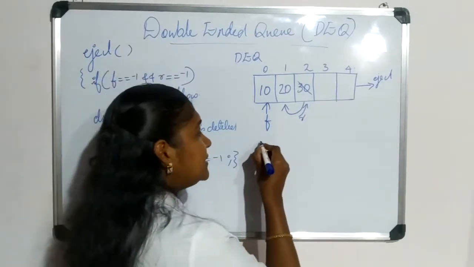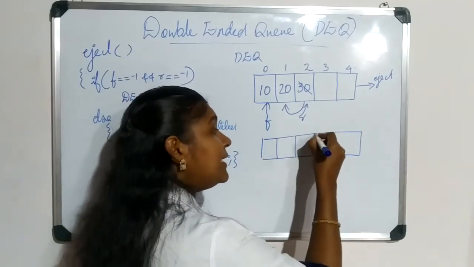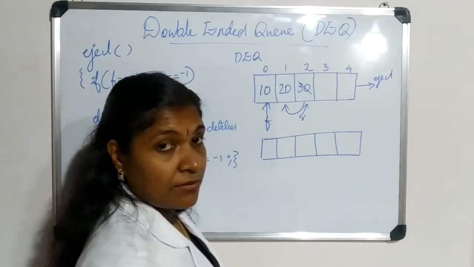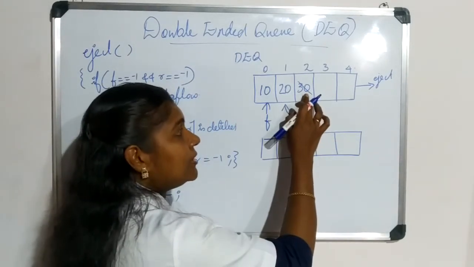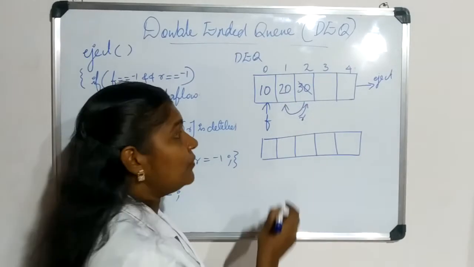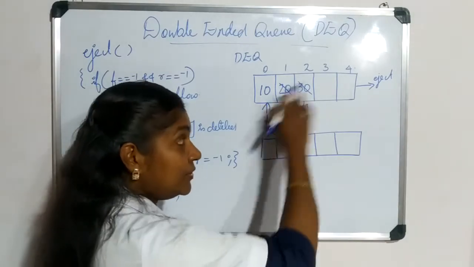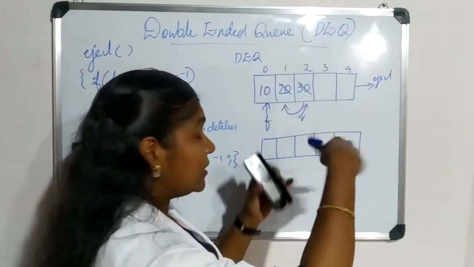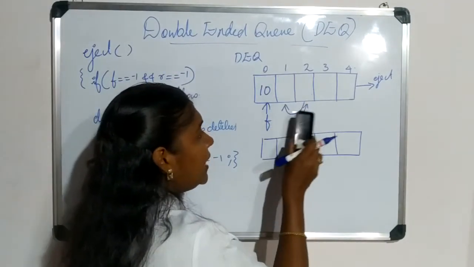And what is the case where we have only one element in the queue? That one element can be at any location. Suppose we performed deletion of 30 and 20, then how would our double-ended queue look? R and F would be, so you draw this diagram first, because I am updating it. Suppose I deleted 30 and 20.